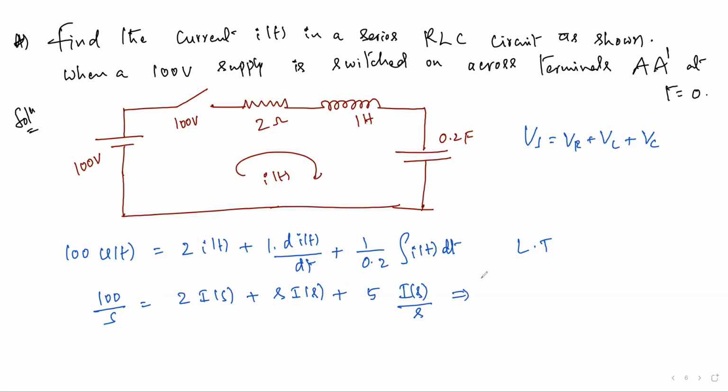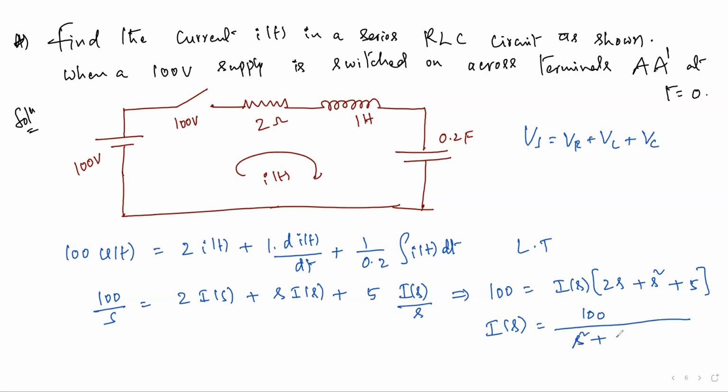From this, if we multiply by s, then what I will get? 100 is equal to I of s, I am taking it common, and s multiplied this side means 2s plus s square plus 5. Or I of s is nothing but 100 divided by s square plus 2s plus 5.